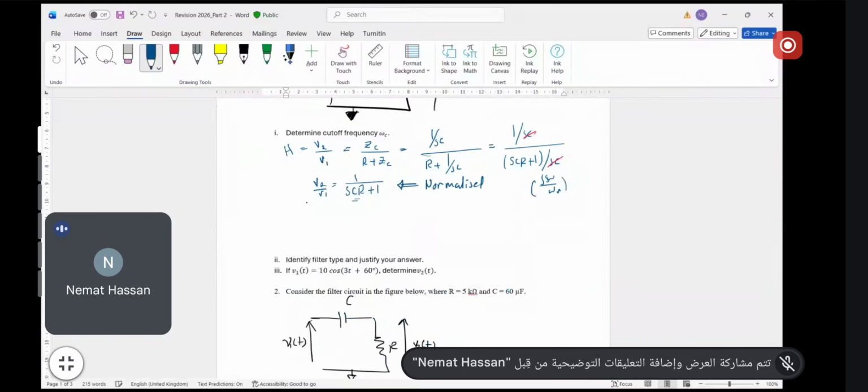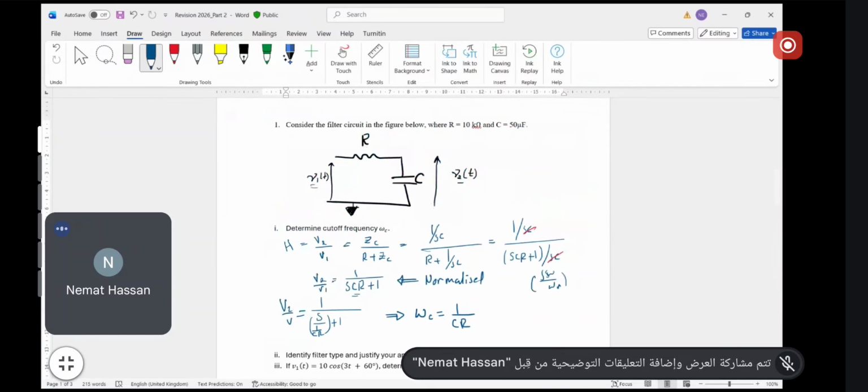So this is basically 1 over S over 1 over CR, plus 1. And that's in a normalized form, which means that the cutoff frequency omega C is equal to 1 over CR. Make sense? Was it clear? No. Okay, where did we stop?